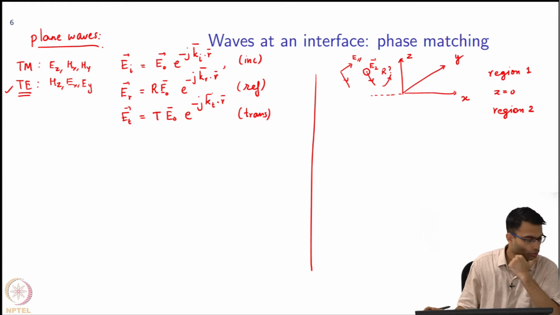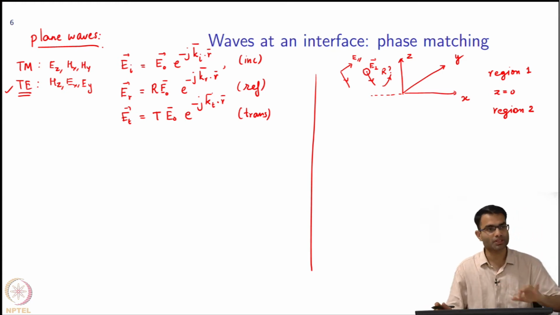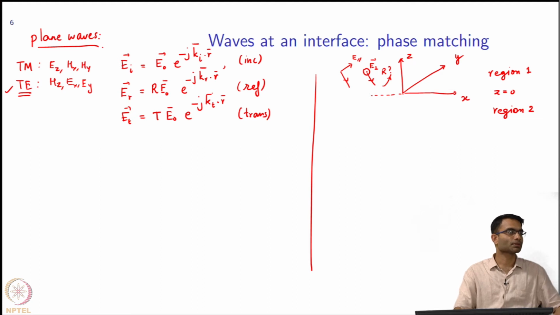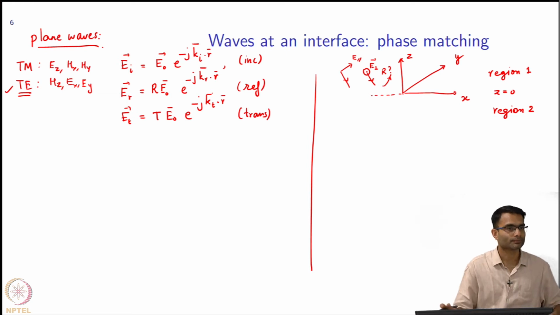Now, when I try to use these equations, what is the one thing to enforce? How do I proceed further? Ei plus Er, what about Ei plus Er? No, systematically what can we use? What is the principle? Tangential boundary conditions.